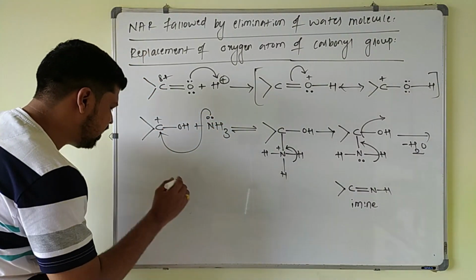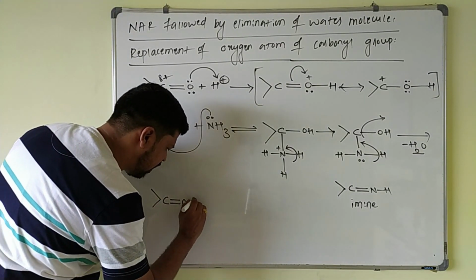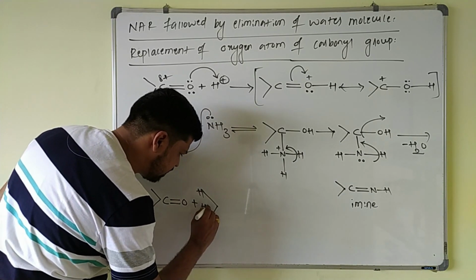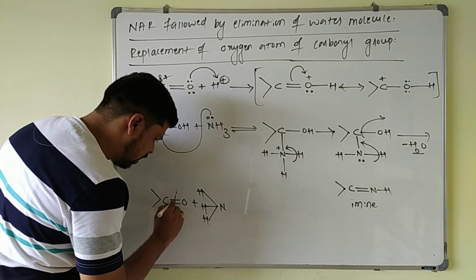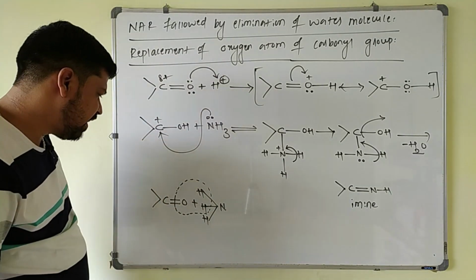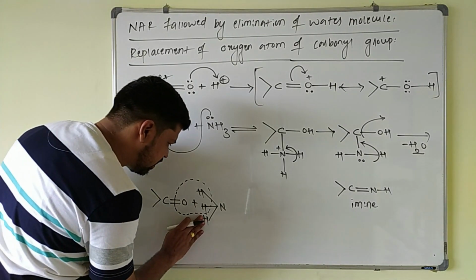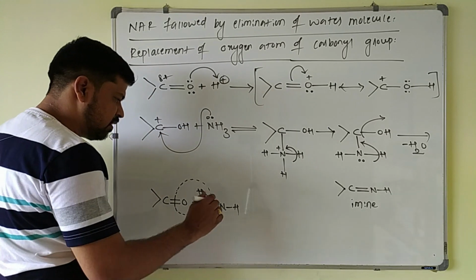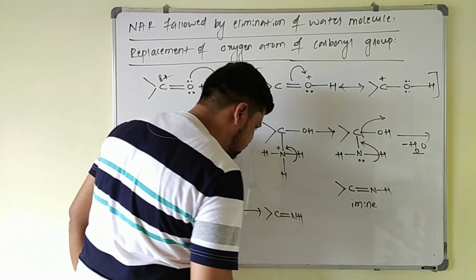In total, what we have done here, simply this is your carbon oxygen double bond, and with this one we have reacted ammonia like this. So this water molecule is eliminated, simply 2 hydrogens and 1 oxygen are eliminated, so that this carbon forms a double bond with nitrogen. We'll write this hydrogen this side. So there is a formation of C double bond NH.